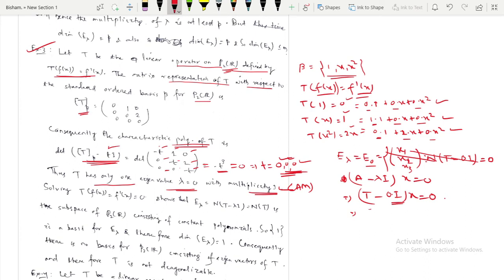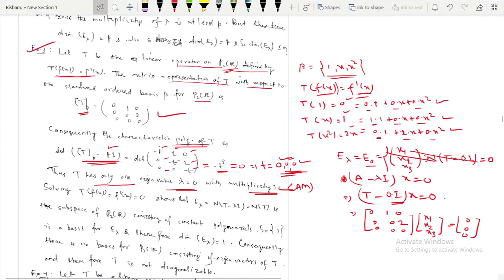And what is your T? This is the corresponding matrix: 0, 1, 0, 0, 0, 2, and 0, 0, 0. This matrix into x, which is x1, x2, x3, equals 0, 0, 0.